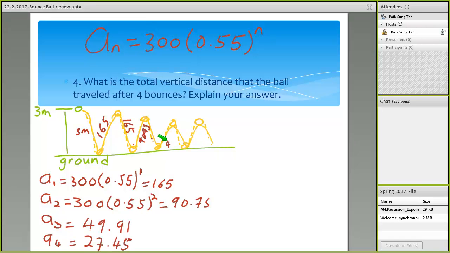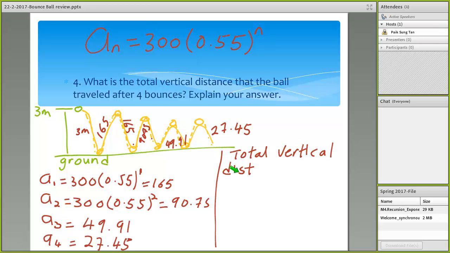So we want to know the total distance it has traveled. And all you got to do now is add the numbers that we have calculated. The third bounce is 49.91 and the fourth bounce is 27.45.